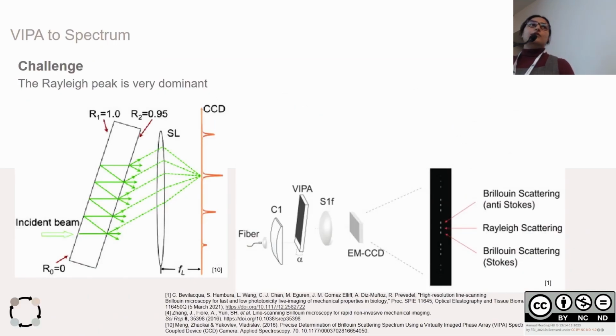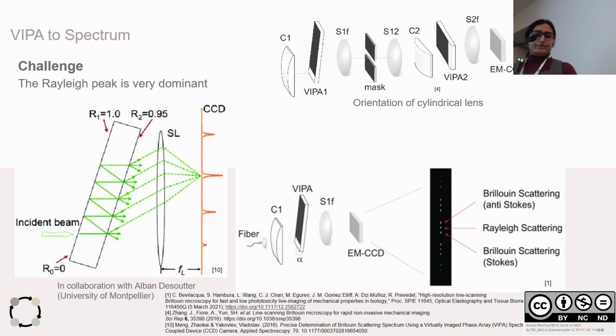So how am I going to use the VIPA to actually get the Brillouin spectrum? When my incident beam goes through the VIPA, it has multiple reflections. I have my virtual images, and I use a lens to finally image it on the camera.